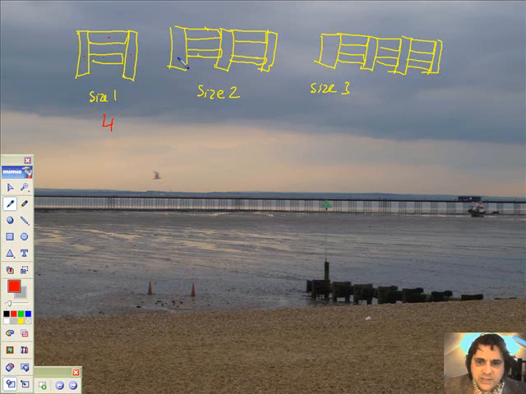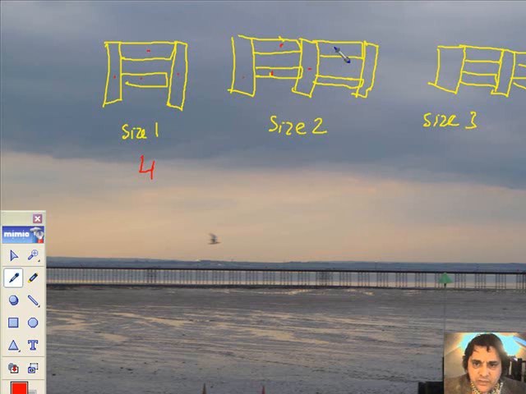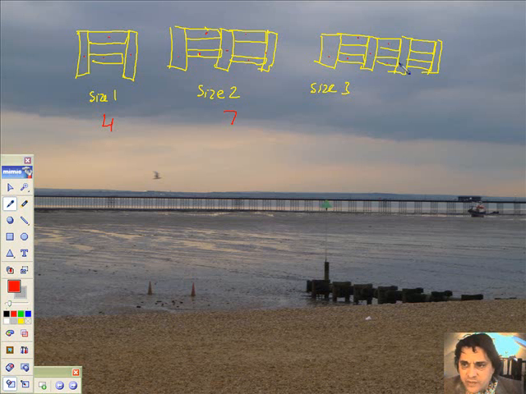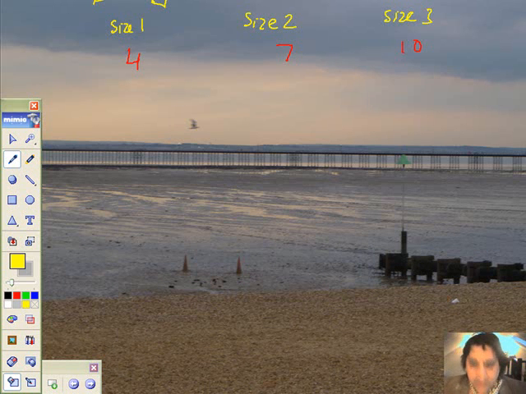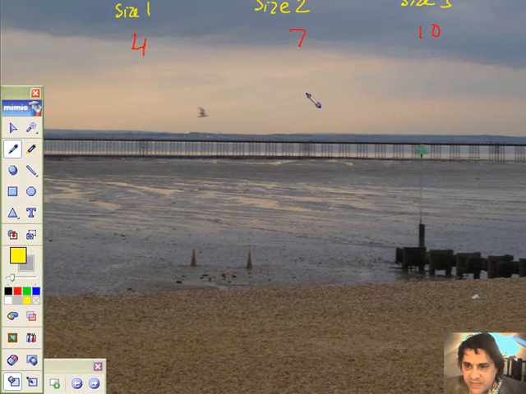Size 2, 1, 2, 3, 4, 5, 6, 7 bits of wood. Size 3, 1, 2, 3, 4, 5, 6, 7, 8, 9, 10 bits of wood. I can see a sequence. How many pieces of wood are needed to make size 3 fence? Our answer, 10 bits of wood.